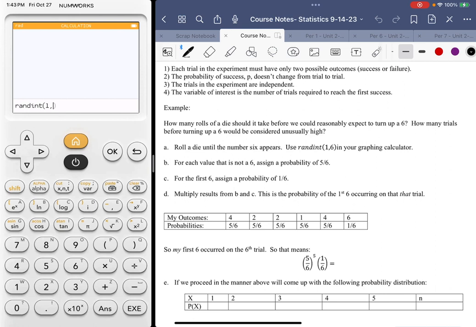I'm going to put in a 1 and a 6. Now this experiment has me rolling until the number 6 appears. Of course, right on the first try. So it took me only one attempt. But it might have taken more than that, so let me do it again as if it never happened.